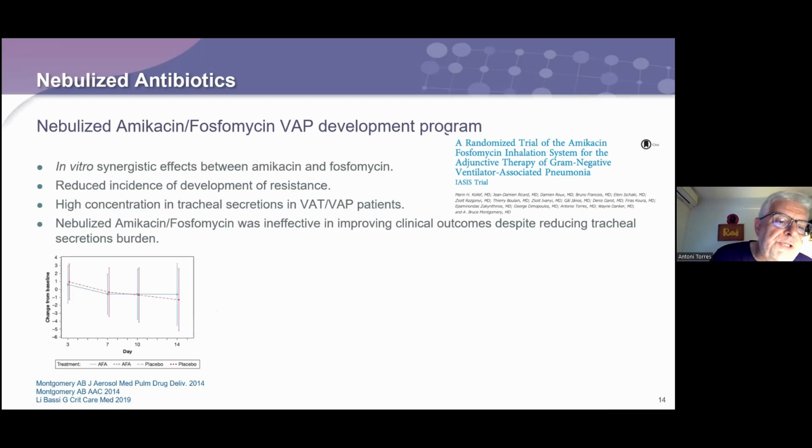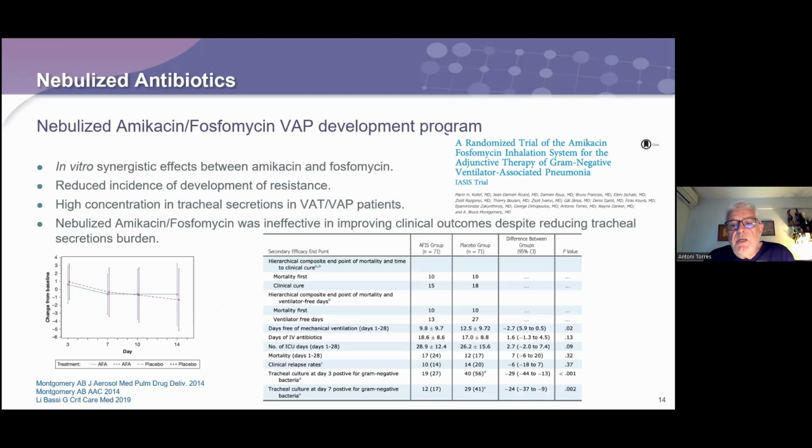But what we observed, which is important, is that the trials were not totally negative: there was a decrease in the bacterial burden in the tracheal aspirates in that study from Kollef, comparing the nebulized group versus the placebo group.